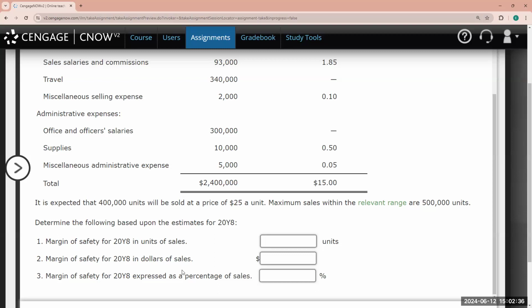So with our margin of safety, we essentially need to determine how far our current sales are above our break-even unit sales. So here, in order to determine it, it's our current sales minus our break-even sales.